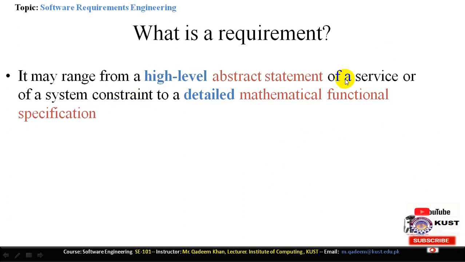Services and system constraints mean all sorts of user needs and system business needs, which can be in the format of the detailed mathematical functional specification. So all the requirements must be in the format such as the functional specification, but using the mathematical notations. So these are called the user requirements.